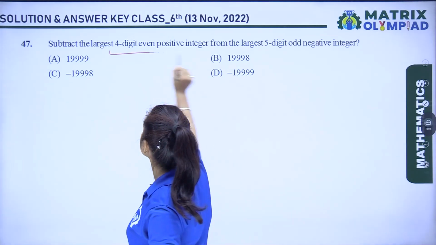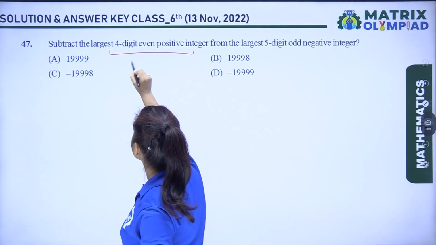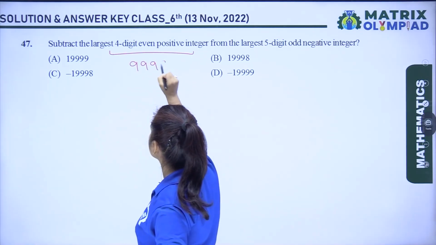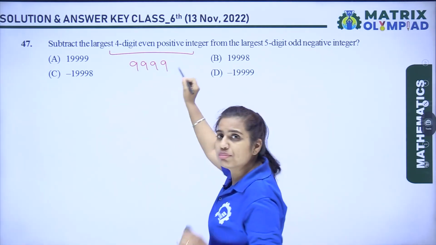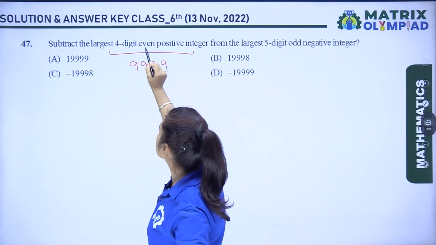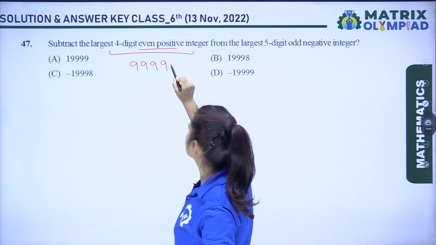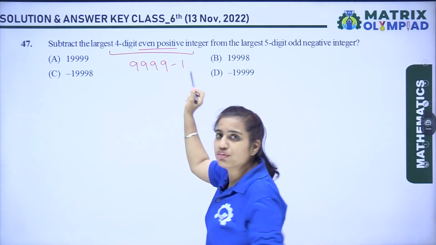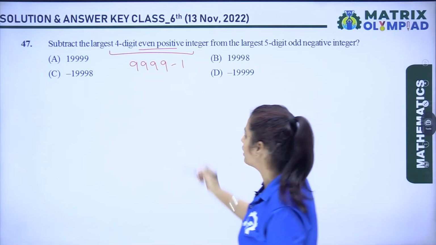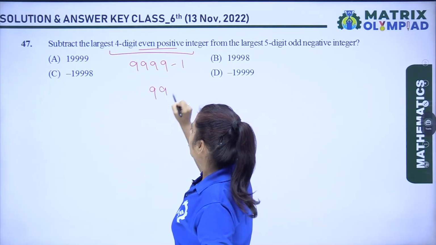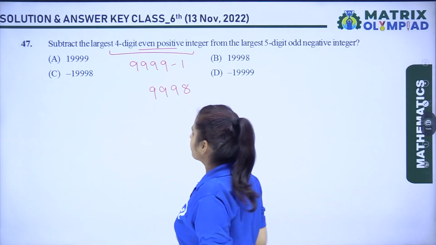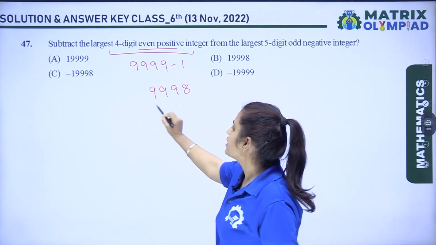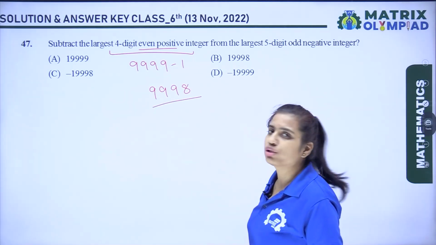Let's find out first the largest 4-digit number, that is 9999. This is the largest 4-digit number, but we have to take the largest 4-digit even positive number. So, for even we will subtract 1 from 9999. So, we get 9998. So, now this is the largest 4-digit even positive integer.